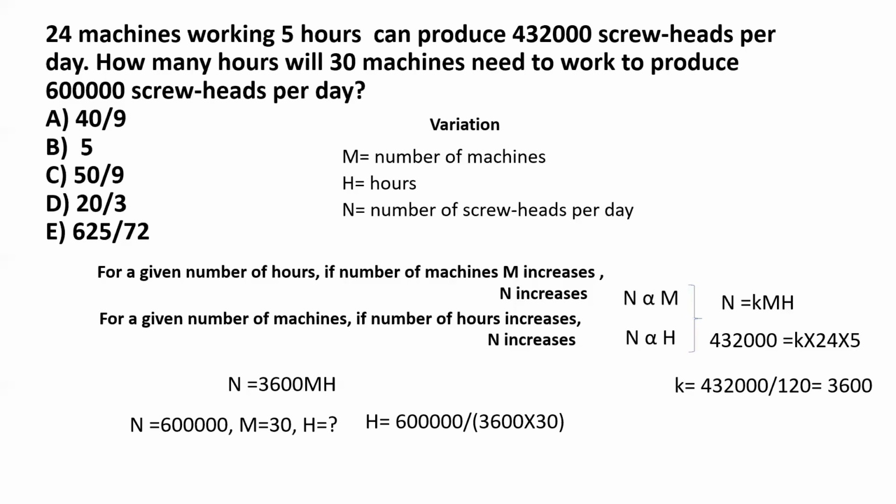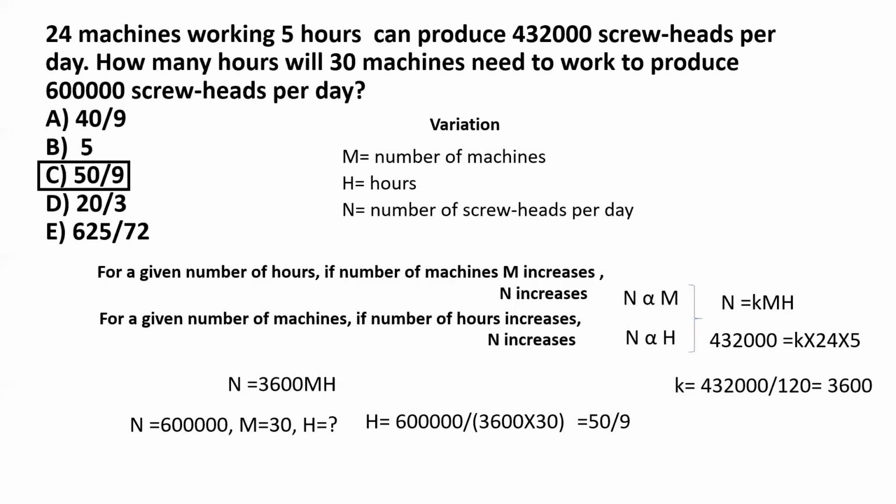You just plug in these values of N and M, and you use this relationship to find what H will be. And after doing the math, H comes as 50 by 9. So the correct choice in this case will be option C, 50 by 9.